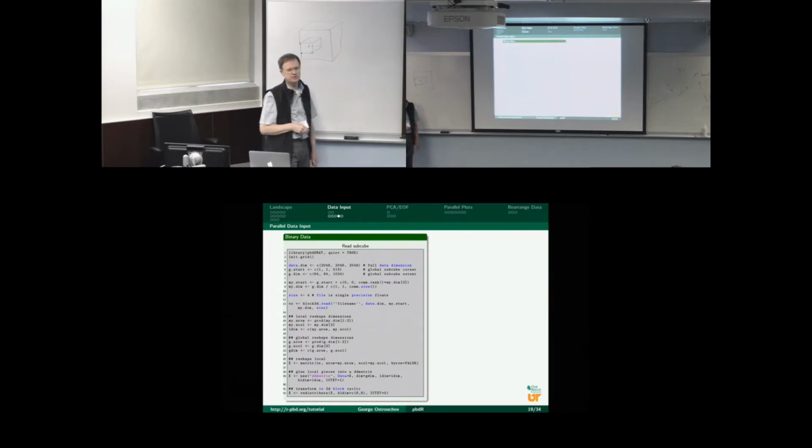This was a single precision file, single precision floats. And then some other things have to happen. So once you read it in, this is stored as basically a vector.